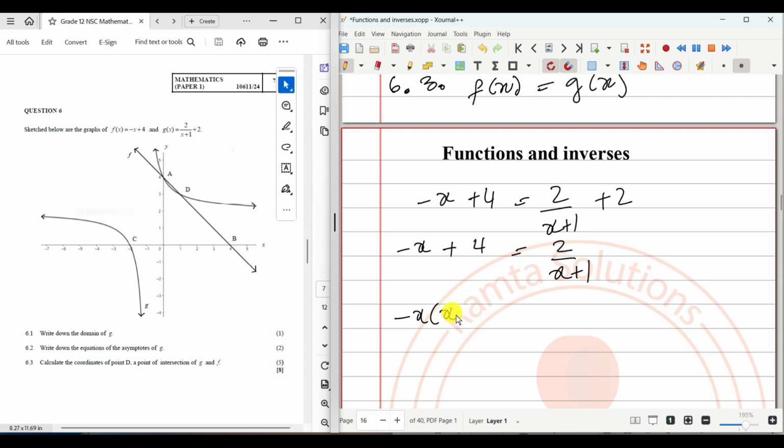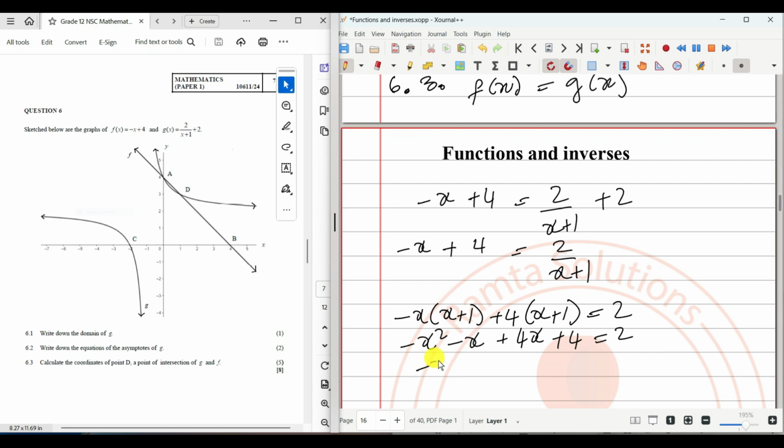Under normal circumstances, I would multiply all these together. Plus 4 into x plus 1 equals 2. What is this? Negative x squared minus x plus 4x plus 4 equals 2.